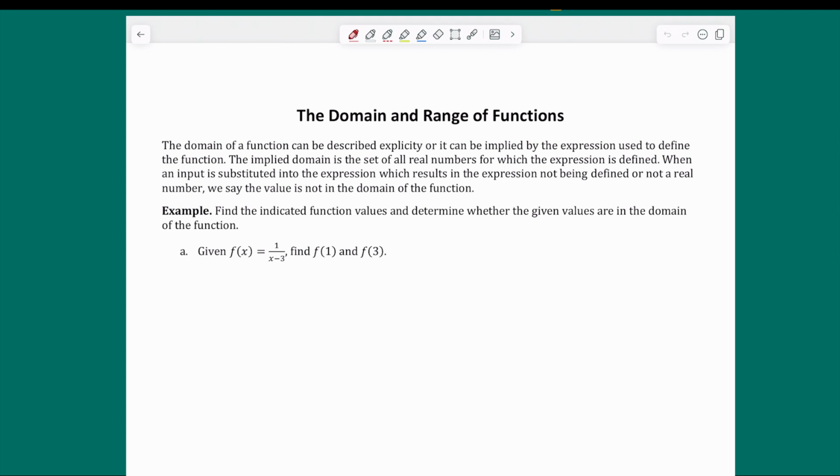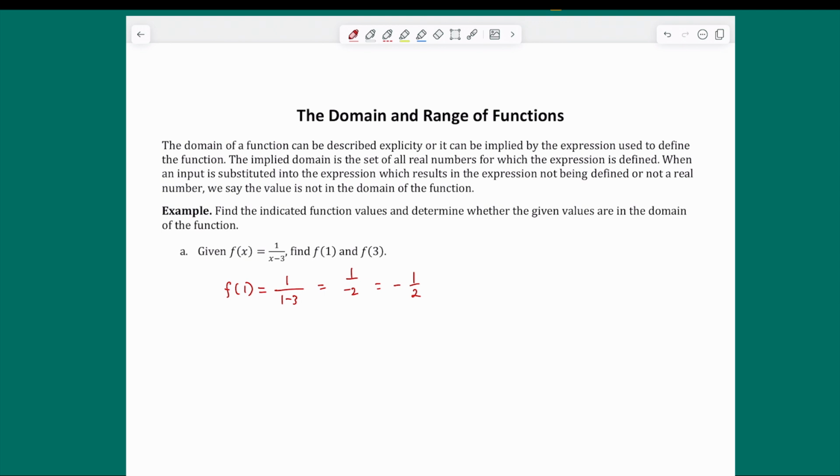Okay, so let's look at this example here, which asks us to find the indicated values and determine whether the given values are in the domain of the function. So our function is 1 over x minus 3, and we're asked to find f of 1 and f of 3. Okay, so let's plug in f of 1. So we got 1 over 1 minus 3, which gives us 1 over negative 2, or to make it look pretty, negative 1 half.